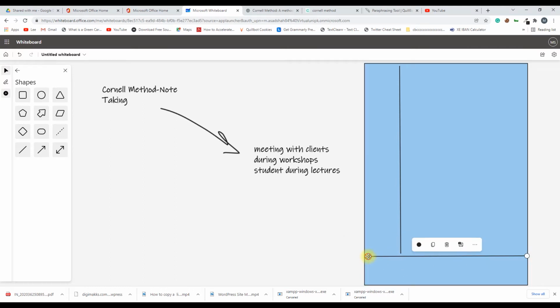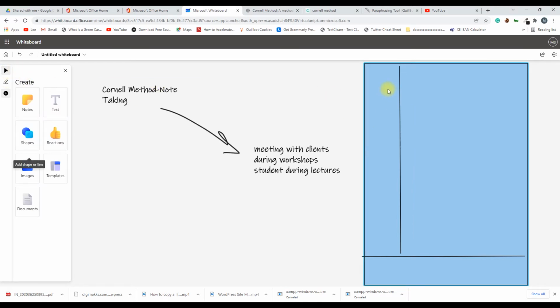So this is the basic layout of the page, and each of these sections is where we record different sorts of information.